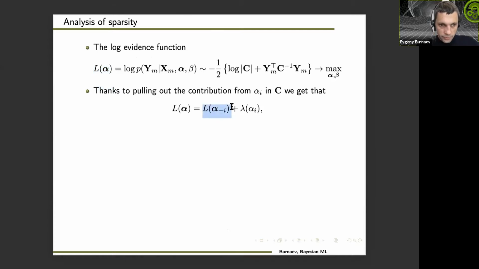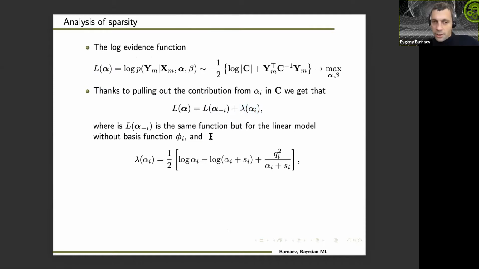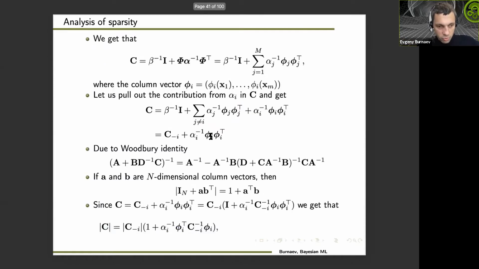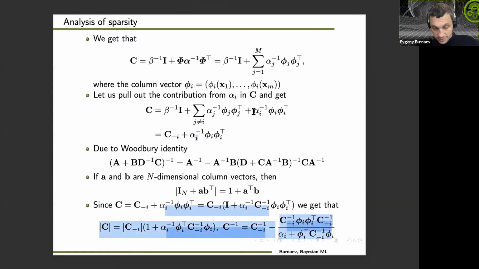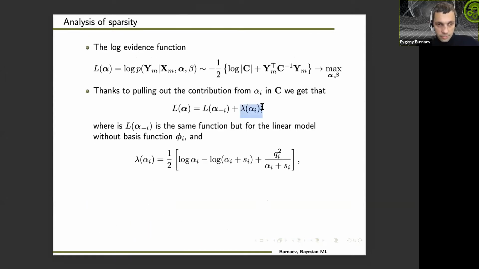This is the first term, which depends only on all coefficients alpha except the coefficient alpha sub I. And this term depends only on the coefficient alpha sub I. And we can prove, thanks to these two identities, that this term here has the following structure, where these coefficients Si, Qi are given by these expressions.